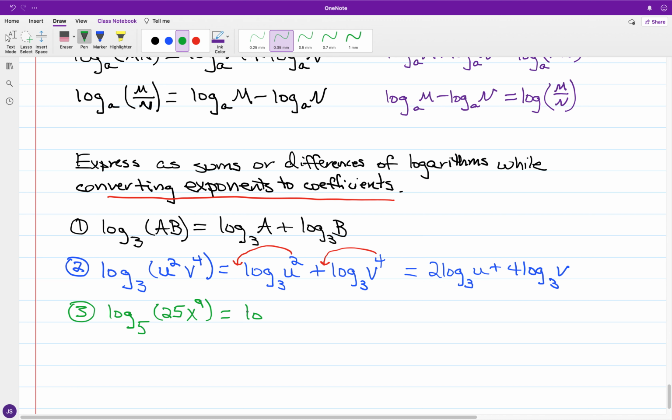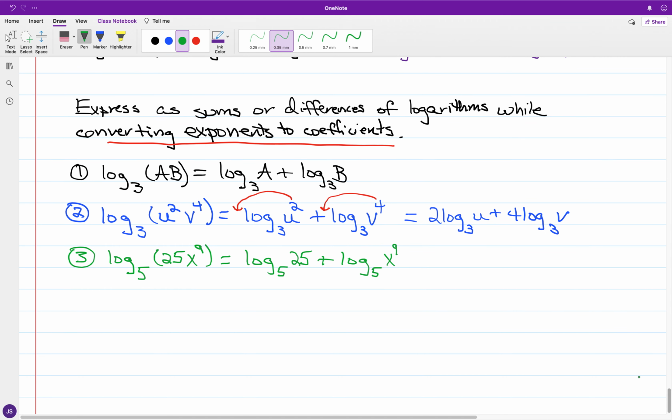You've got factors in the argument, 25 and x to the 9th. So you have the base 5 logarithm of 25 plus the base 5 logarithm of x to the 9th. Now I'm going to rewrite the 9 as a coefficient, but just with the base 5 logarithm of 25.